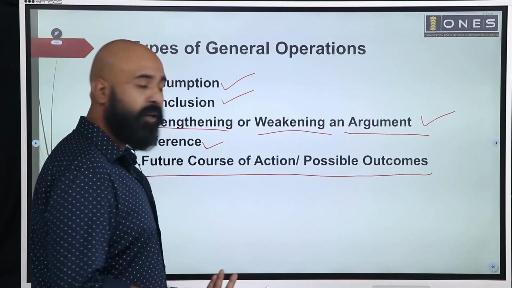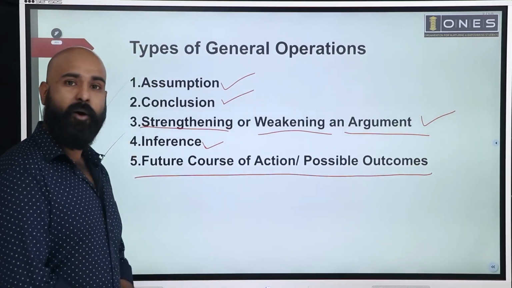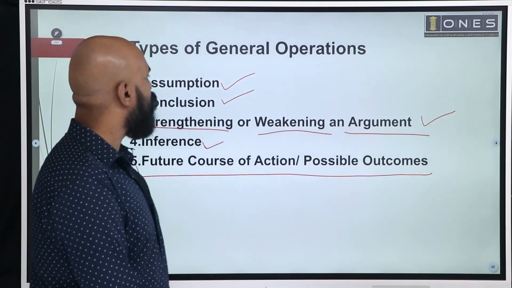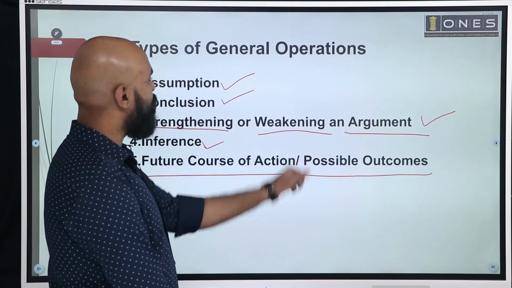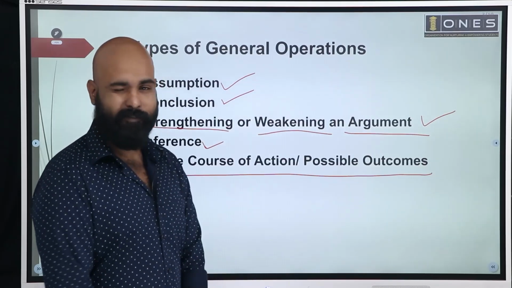So other possible outcomes or other courses of action, all of these come under the last category. Now these five are the most common general operations that you could face. Now we'll go for the basic definition and a brief discussion about each in the upcoming slides. Let's go.